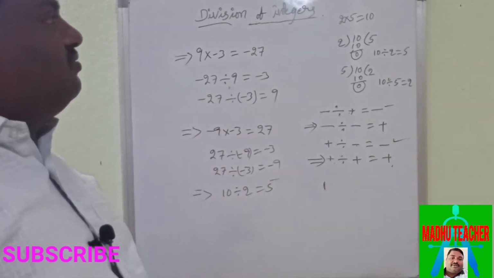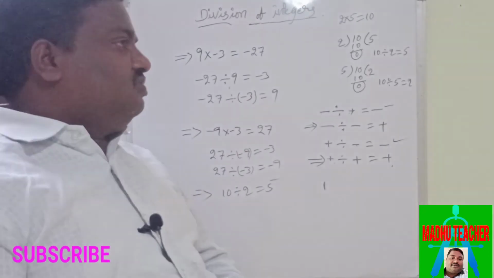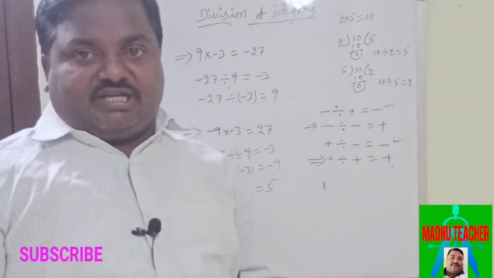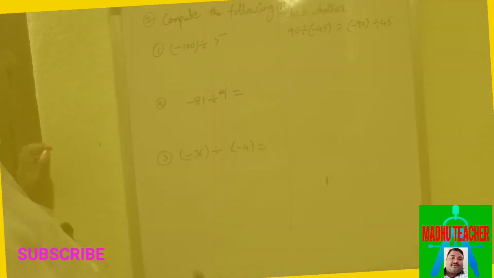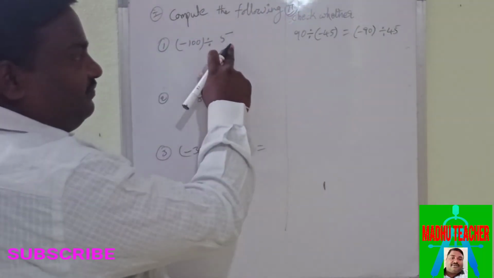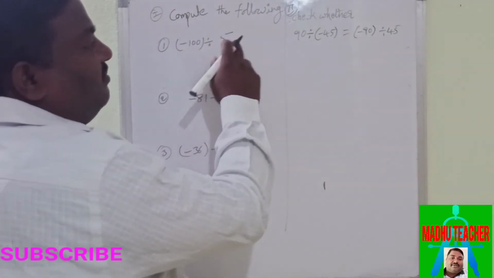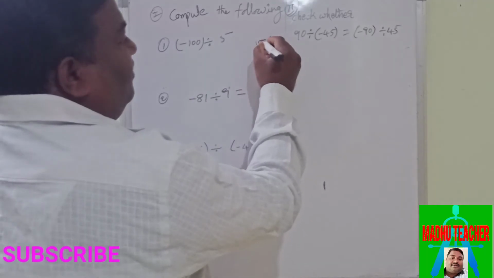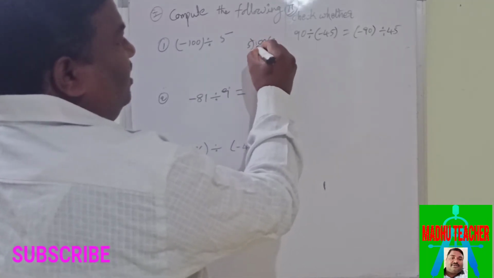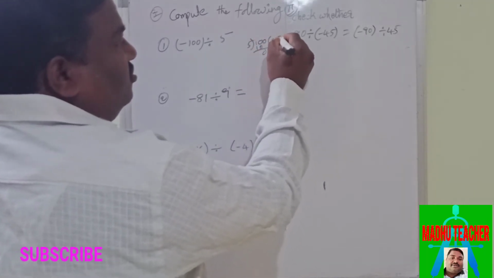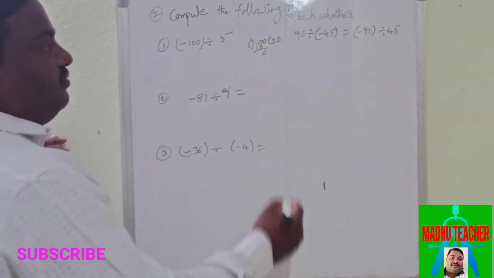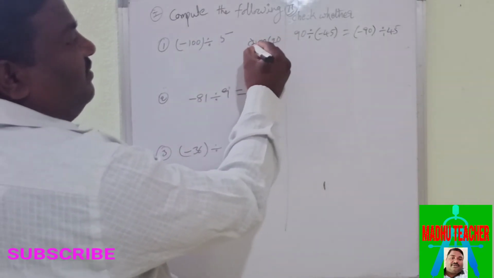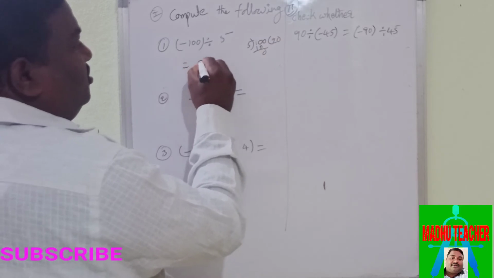Okay, this is the division of integers. By using this we can do some examples. So let us see those examples. -100 divided by 5. Actually 100 divided by 5: 5 2s are 10, 0, so that is 20.